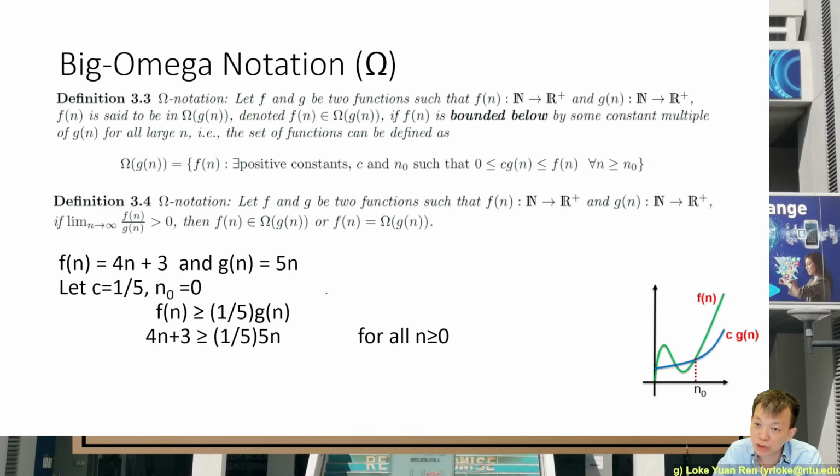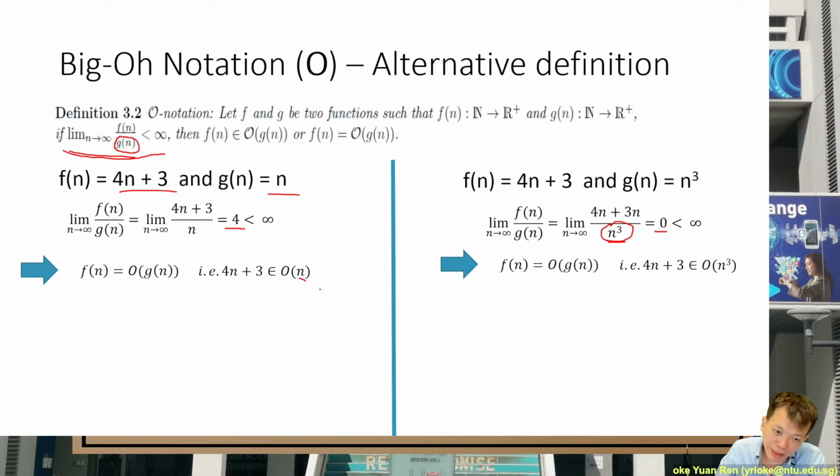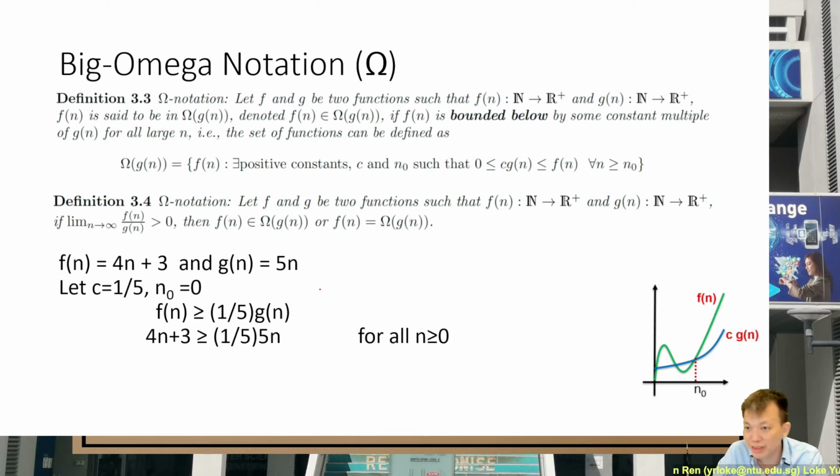Okay, so another notation to represent your time complexity is big omega notation. This one is the other way around. Same thing, the proper definition: you have two functions.